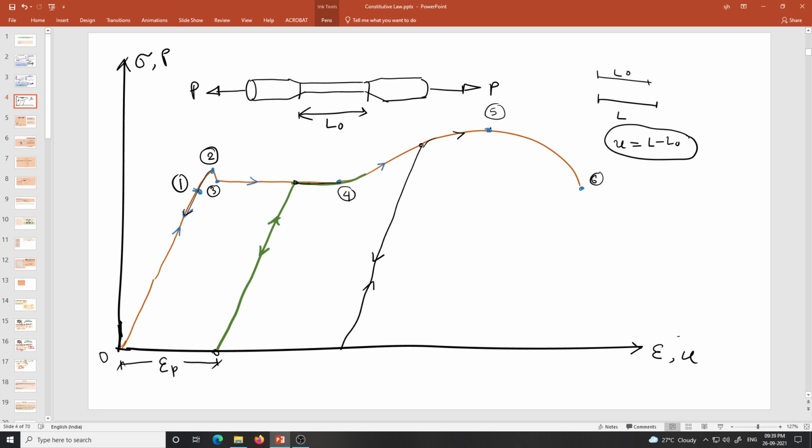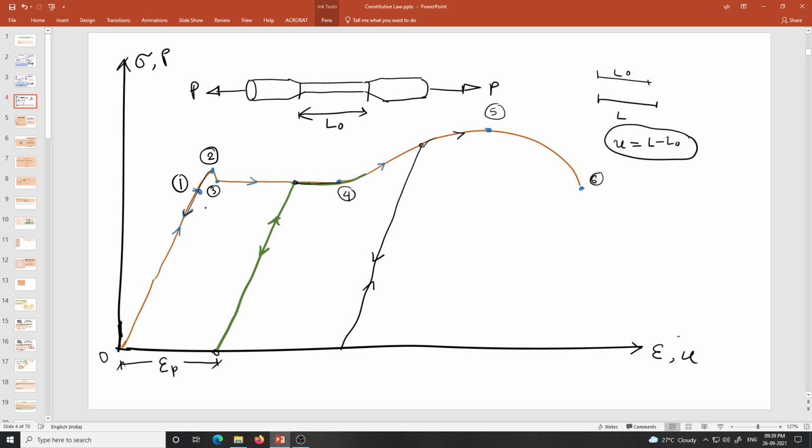So point 5 is known as the ultimate load, and after point 5 the appearance of neck formation is observed, and the material failure you observe at point 6. Now in our course we shall go into the 3 to 4 flow regime when we start discussing the failure theories.